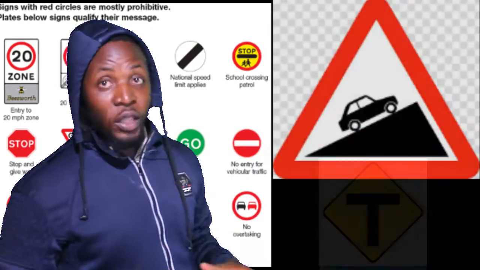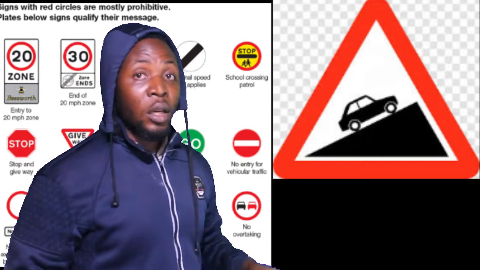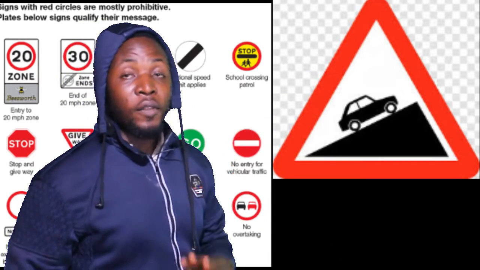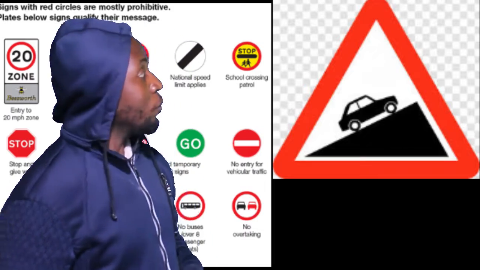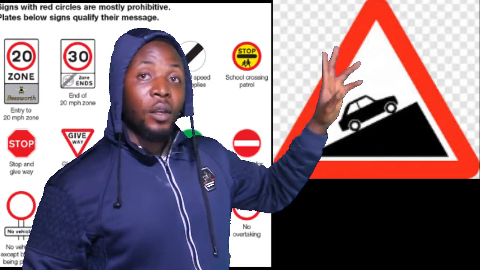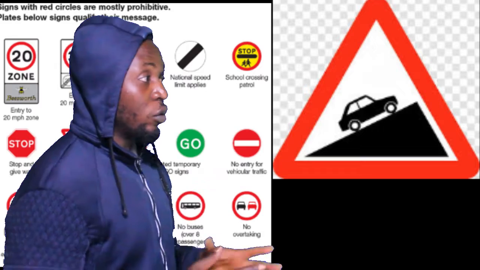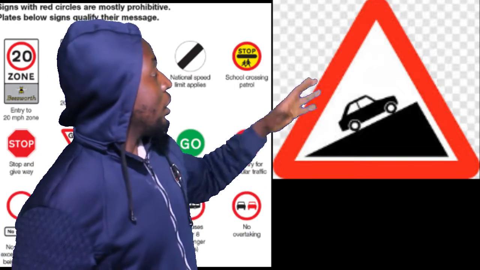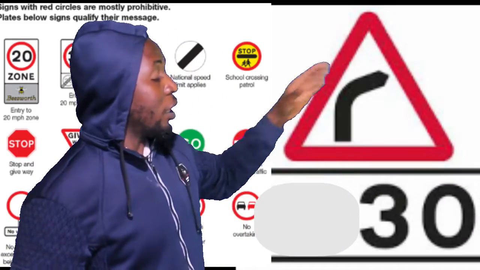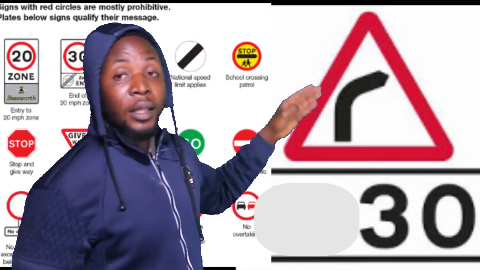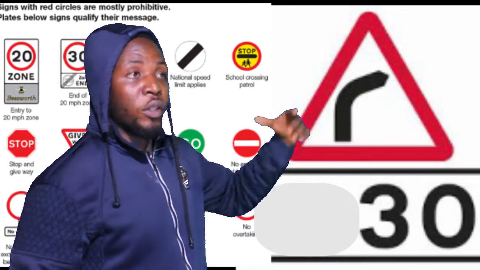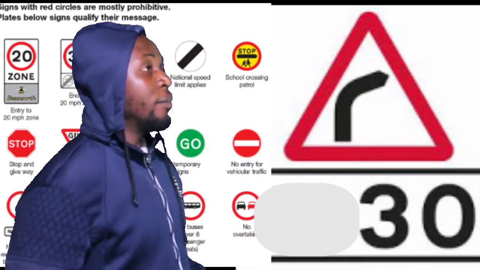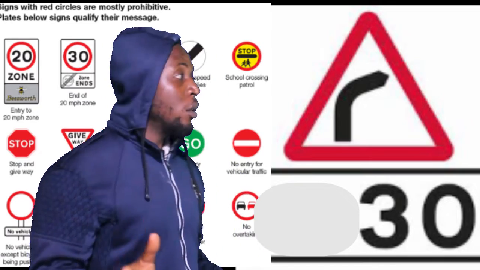When you see this sign, know that 50 meters in front of you, you will meet a steep hill going upward. And if you meet these other signs talking about a bend, they tell you that 30 meters in front of you, you will see a bend to the right.